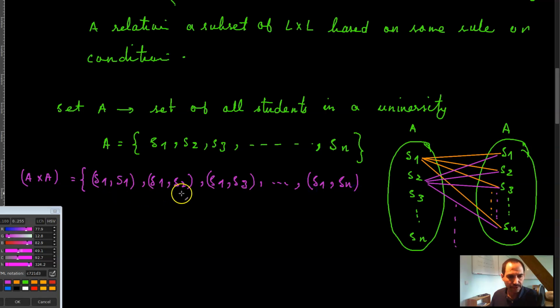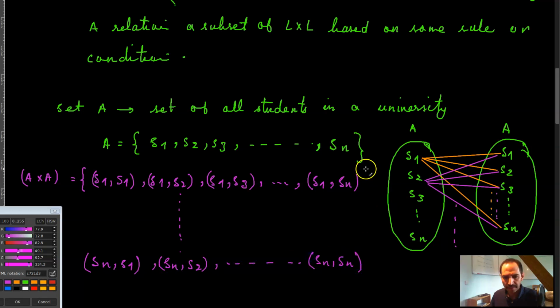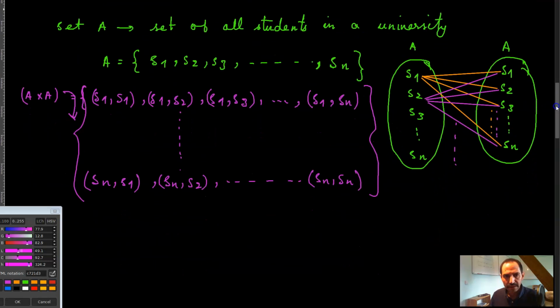And then you can just keep going all the way up to S of n, comma S of 1, and S of n, comma S of 2, and all the way up to S of n, comma S of n. And that becomes the Cartesian product of these two sets. Now this set is a large set, right?